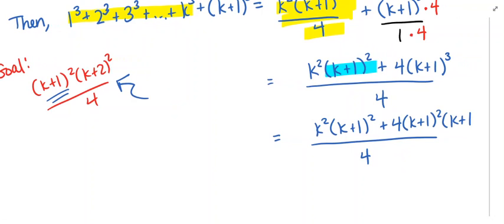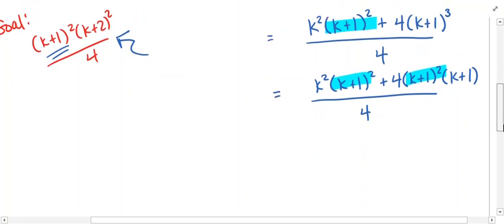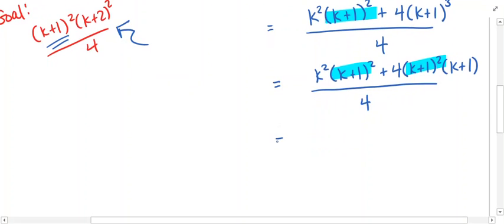Now I've got a (k plus 1) squared popping up here and here. They're common, so we can factor it out of both terms. In the numerator, I'm going to factor out a (k plus 1) squared. That's going to leave me with k squared plus 4 times (k plus 1).